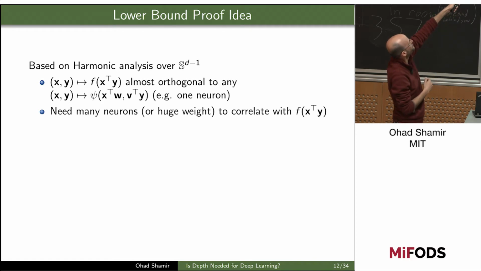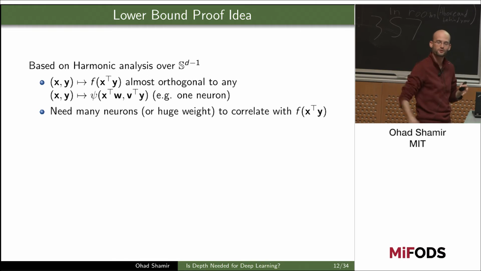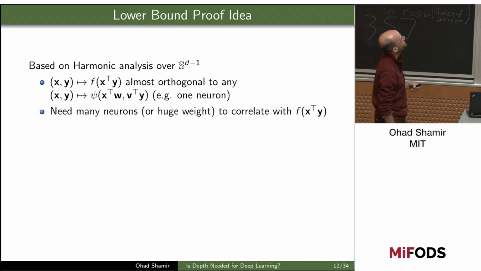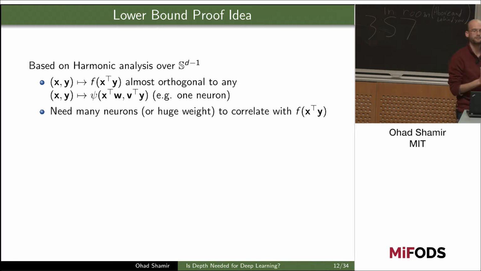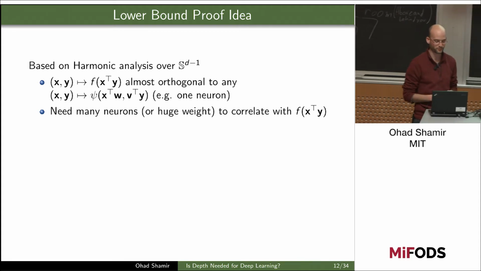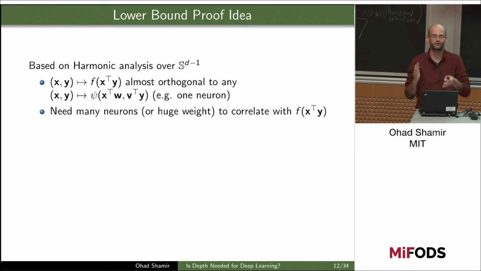On the other hand, this function takes part of the input x and then projects it along some random direction defined by y. And recall that y is chosen uniformly from the unit sphere. So because they are almost orthogonal, unless you have many, many neurons, or you put a huge weight on at least some of the neurons, the function that you're trying to approximate and a depth-2 network, which is just a linear combination of neurons, will be almost orthogonal, and you won't be able to do the approximation.